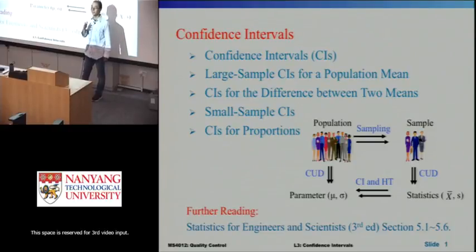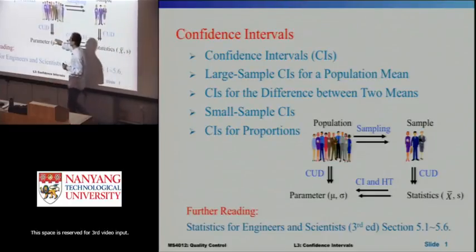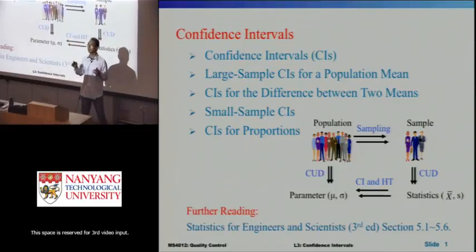From this lecture, I need to make this very clear. Why? Because the goal of this lecture and the next lecture is to use the statistics in a sample to get the properties of the parameters of a population. So you must distinguish these two.